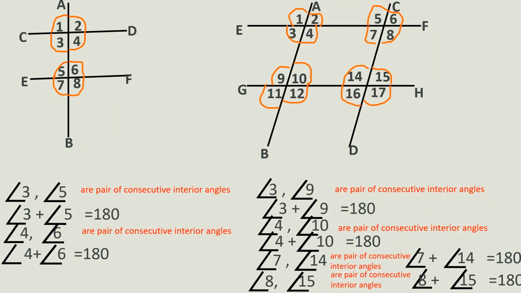Angle 4 and angle 10 are a pair of consecutive angles because they are on the same side of the transversal line and inside the parallel lines, and they give us 180 degrees when added. 7 and 14 are a pair of consecutive interior angles because they're inside the parallel lines and on the same side of the transversal line.